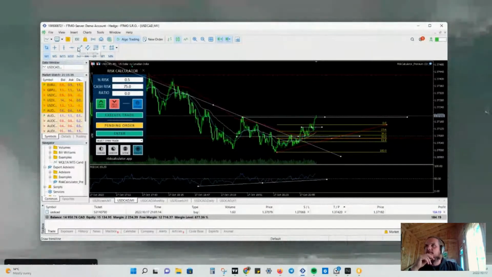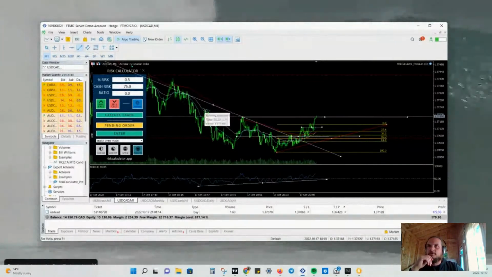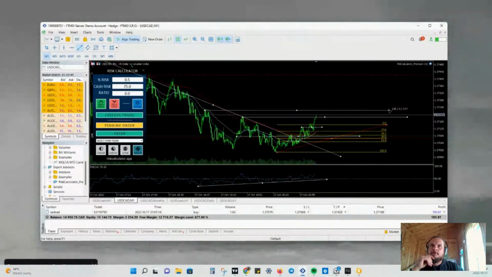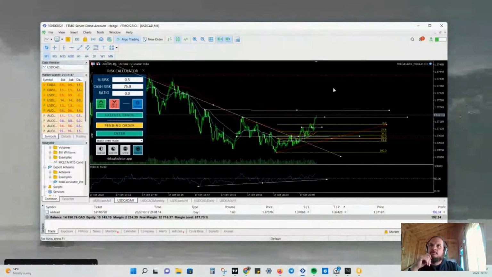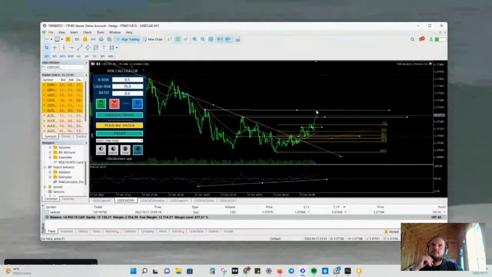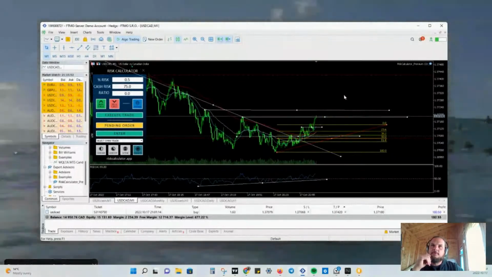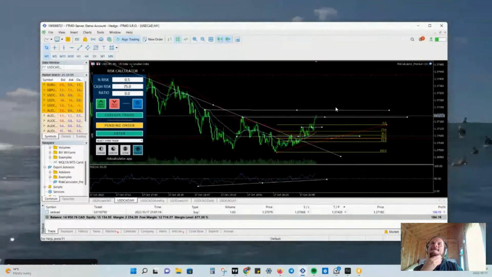Another area we might run into resistance would be this area. Could see a rejection bounce in there.